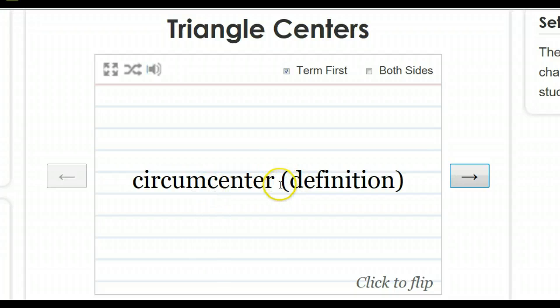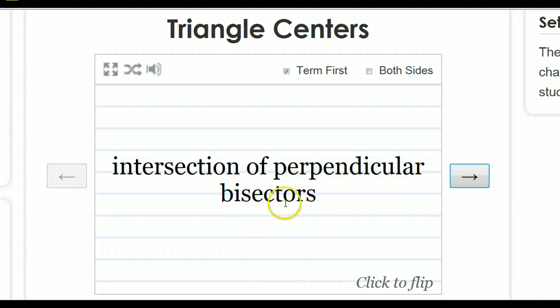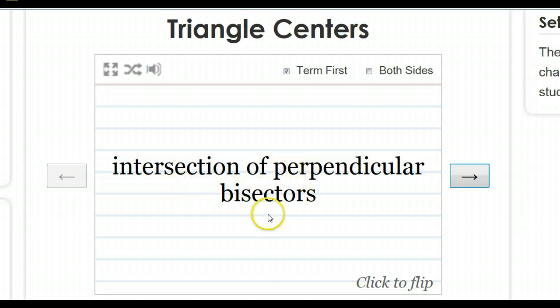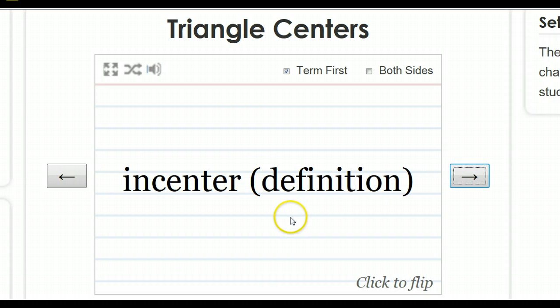Okay, so what is the definition of circumcenter? In other words, what are the intersecting lines that form this point of concurrency? Hopefully you said perpendicular bisectors. All right? Circumcenter is the intersection of perpendicular bisectors. What's the definition of incenter?